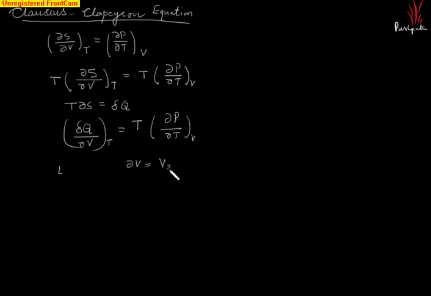That means if final volume is V2 and initial volume is V1, then change in volume may be written as V2 minus V1.